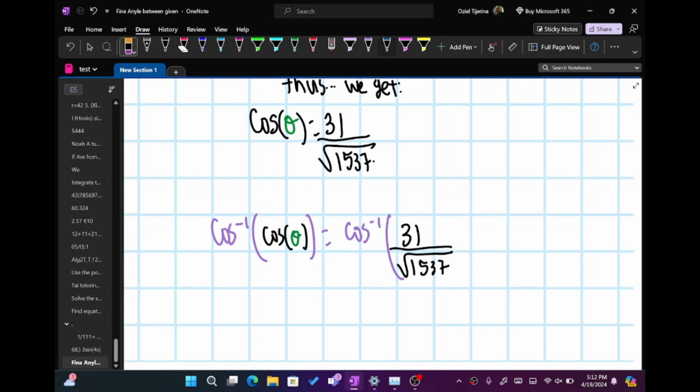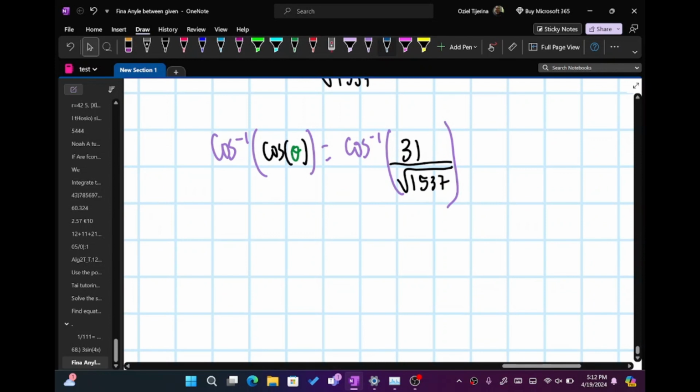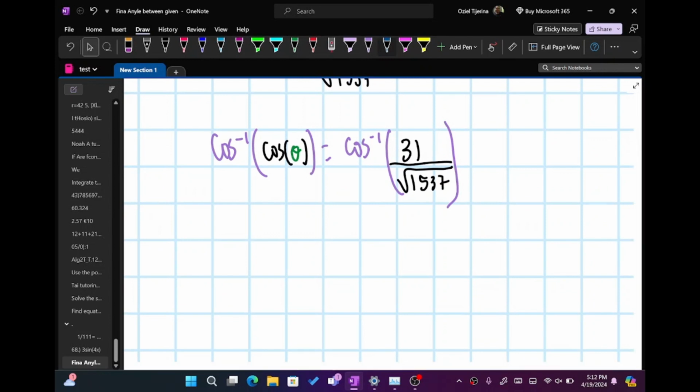And so we know that to solve for theta, we're just going to put that in the calculator. We end up with cosine inverse of 31 over square root of 1537. Hopefully it gives me an answer.